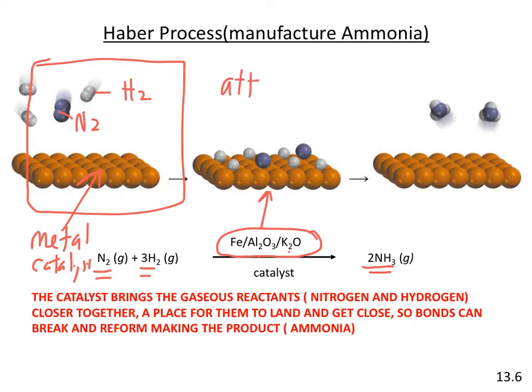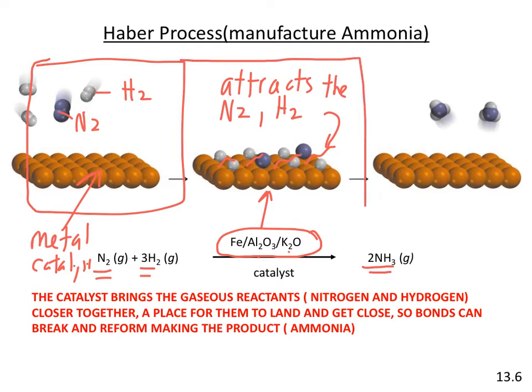So the catalyst attracts the gases, the N2 and the H2. And if you look at this, it actually has broken up the bonds as well. So now what has to happen then? This catalyst has provided a place for the gases to land, for those bonds to break. And then it gives it a chance for these new bonds to form.